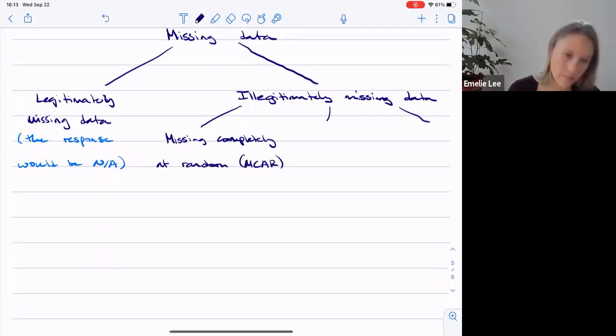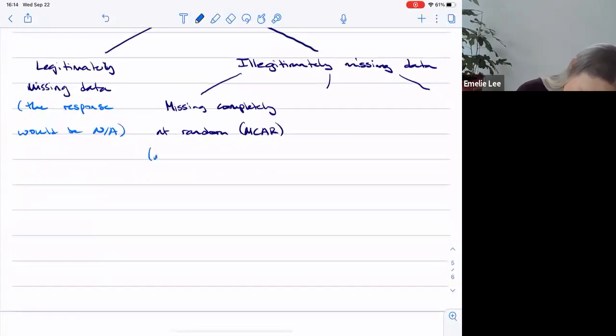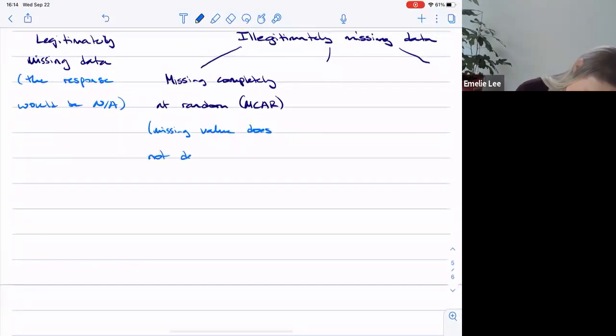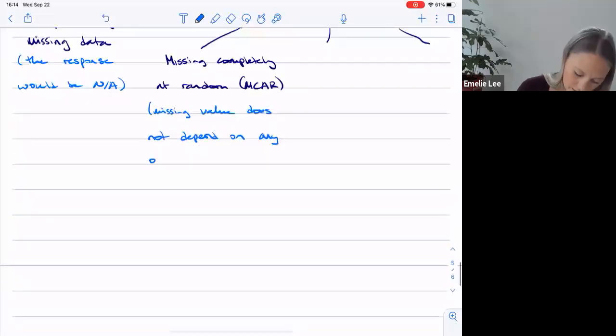MCAR. Completely at random, it just doesn't depend on anything else in the data set. Okay. So the missing value does not depend on any other value in the data. Question?